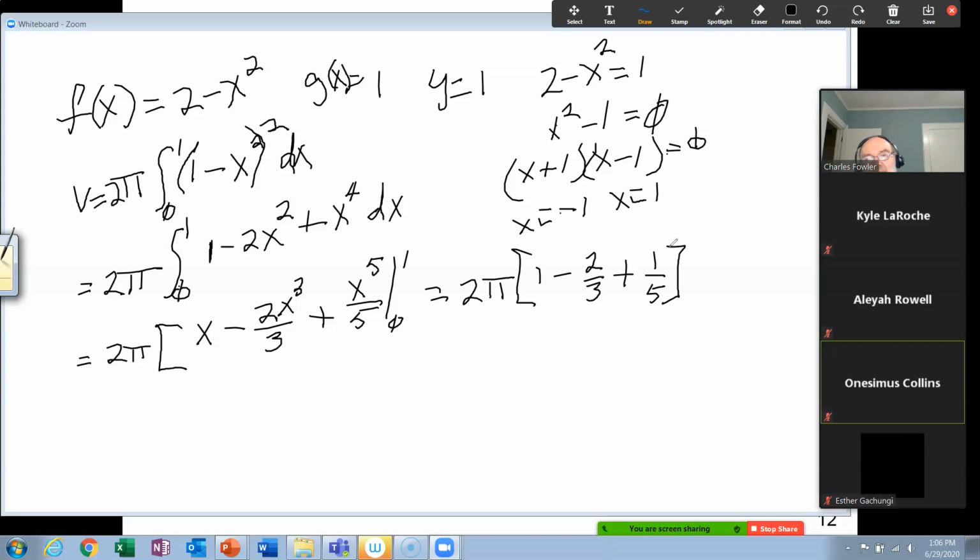I'll do the 0 part. That's 0. That's why I love doubling. You can only do that when it's symmetric, so don't get carried away with it. So what's this going to be? 2 pi times. Now let's get everything in terms of our least common denominator. What is the least common denominator?